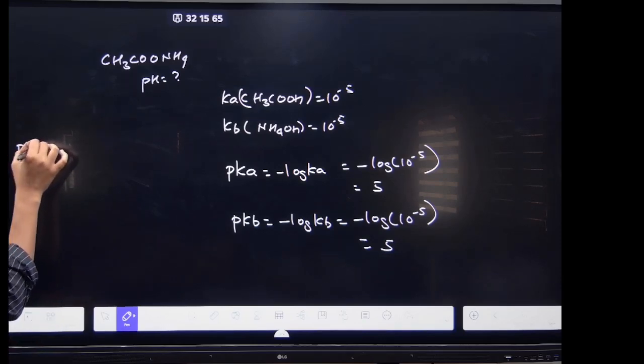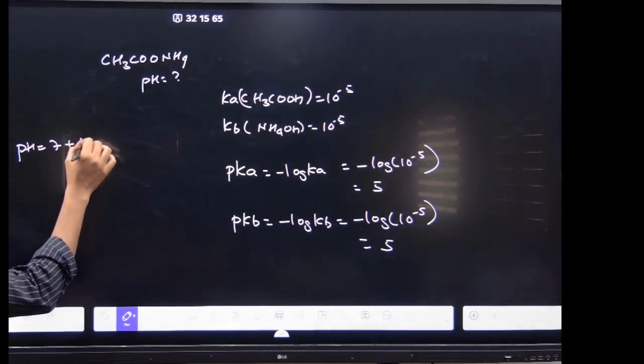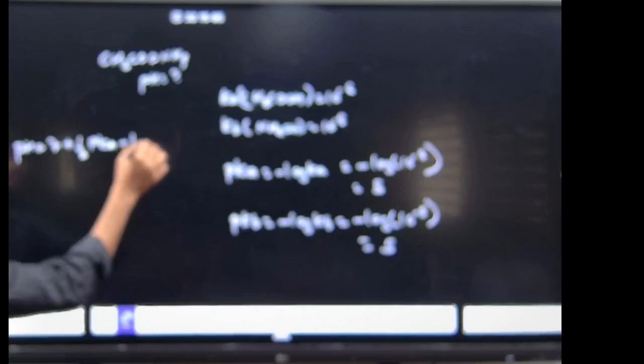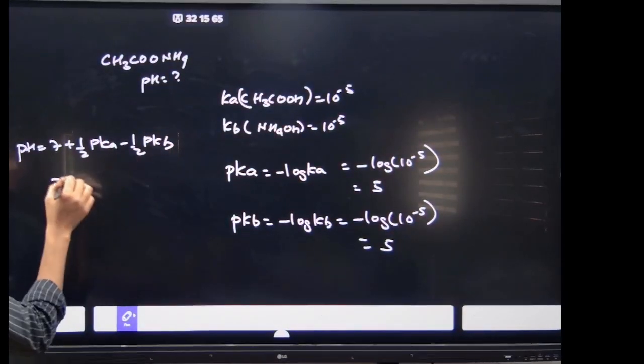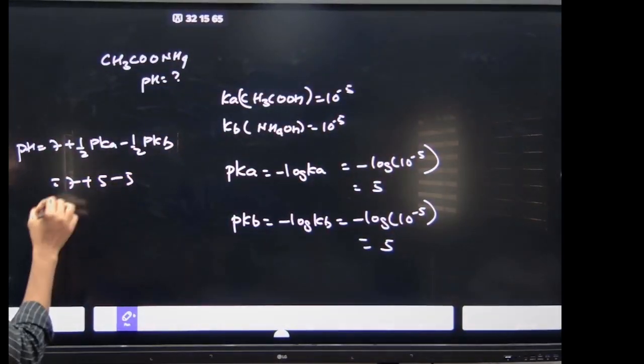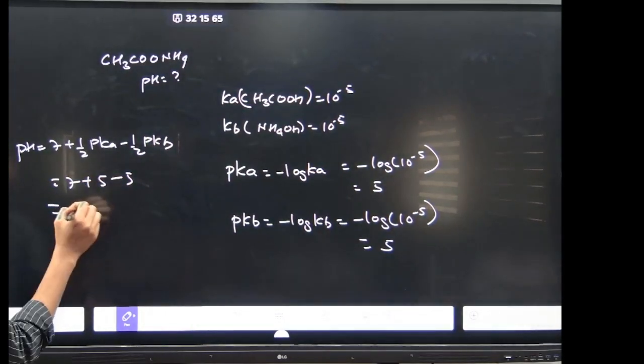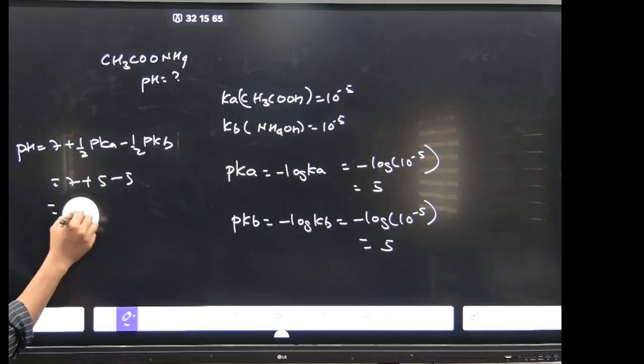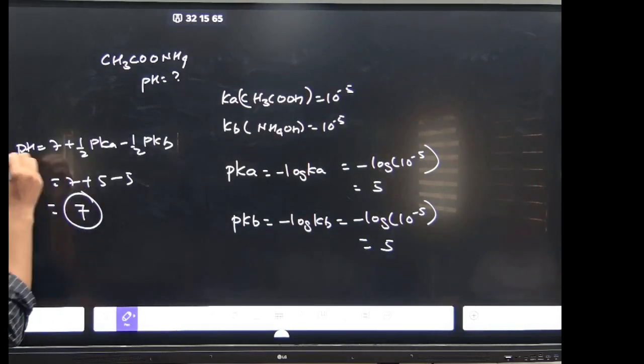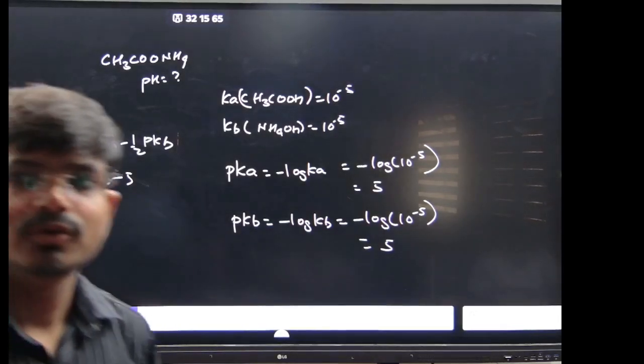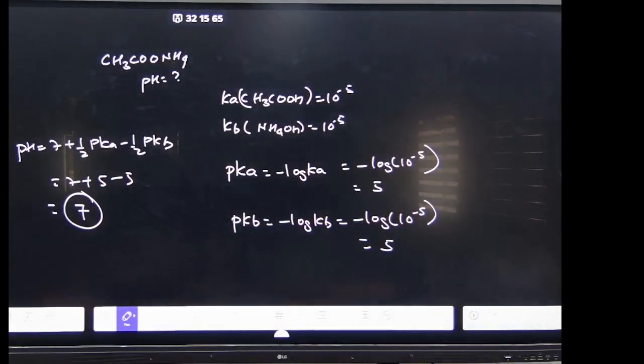The pH will be 7 plus half pKa minus half pKb, which equals 7. So it will be a neutral solution. So remember, if pKa is equal to pKb, you will have a neutral solution. Understood this point?